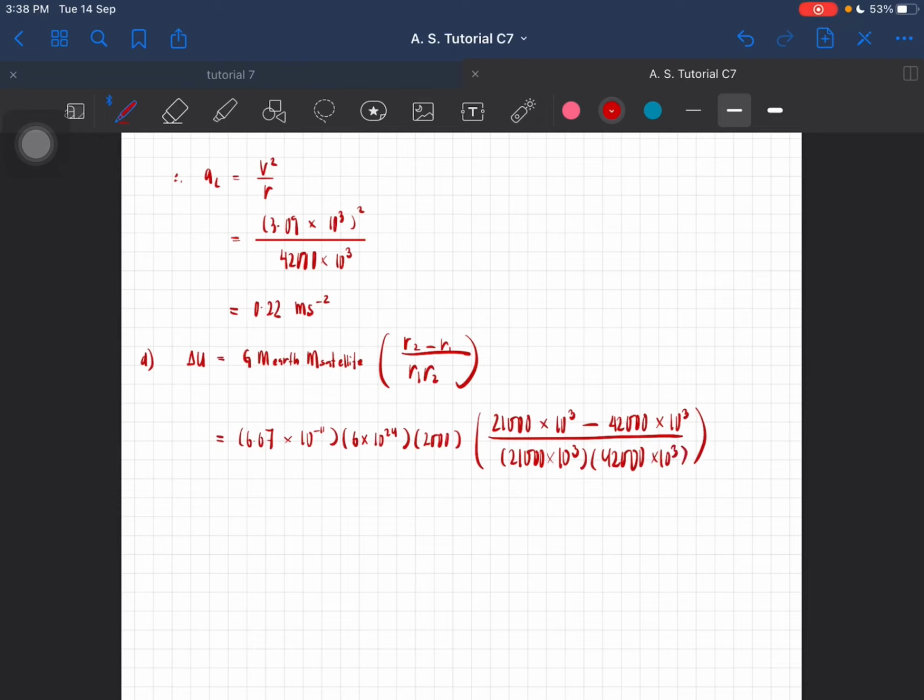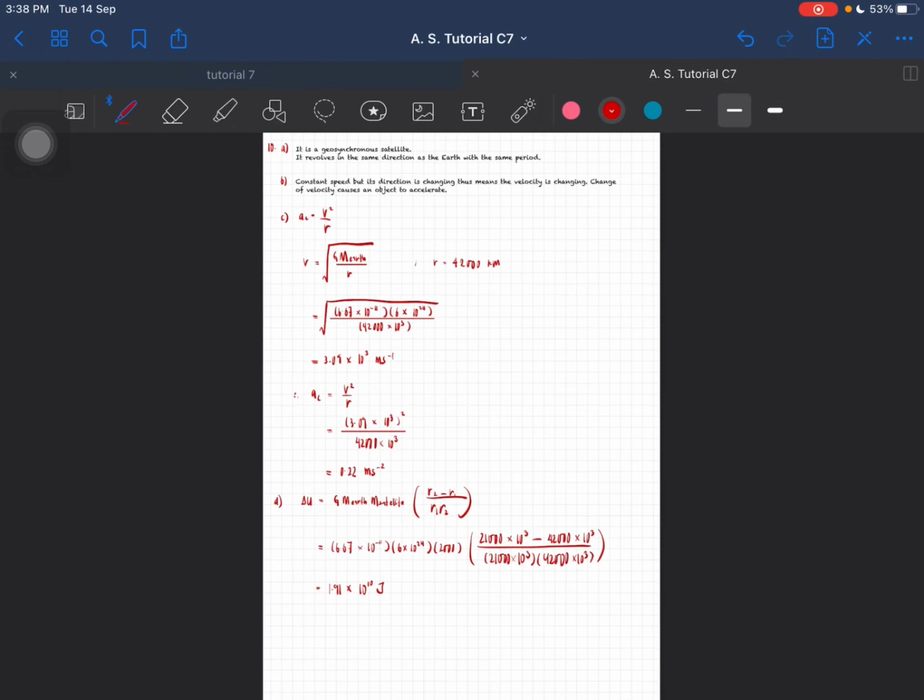Okay, just multiply. So you should get the change in potential energy to be equal to 1.91 times 10 to the power of 10 joules. Okay, right, so that is the final question for today.